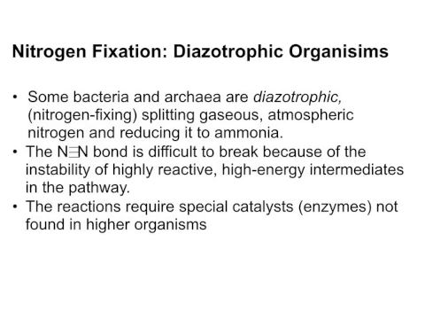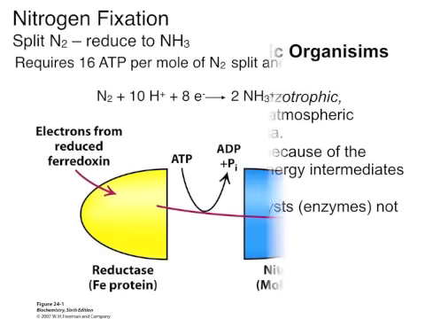Now, the triple nitrogen bond is difficult to break because of the instability of highly reactive, high-energy intermediates in the pathway. The general progression from N2 to ammonia is energetically downhill. It's just getting there that's difficult because of the presence of high-energy intermediates. These reactions require special catalysts that are not found in higher organisms.